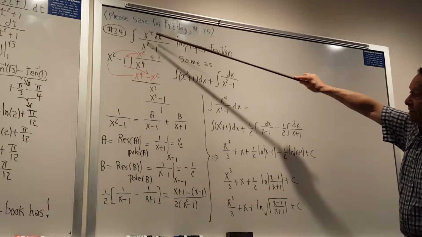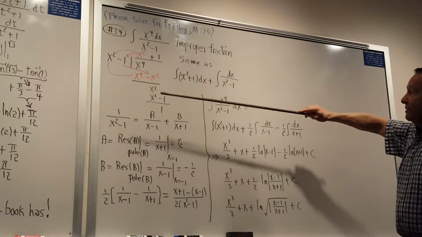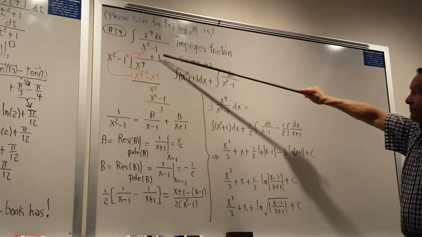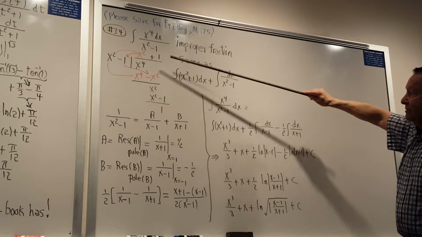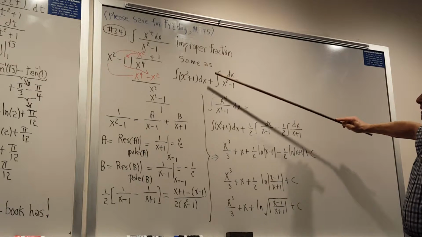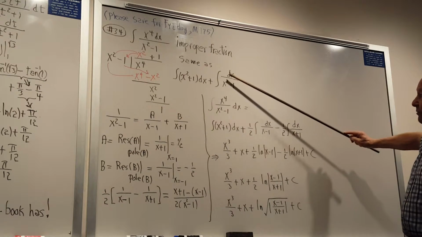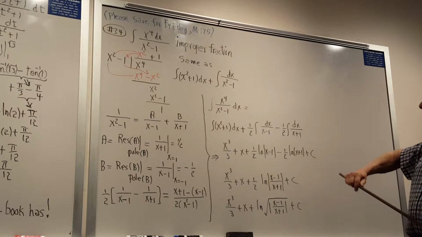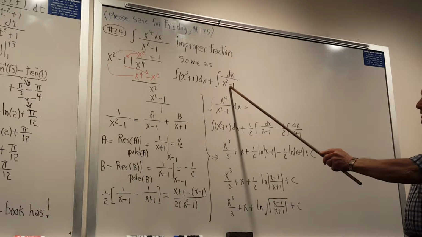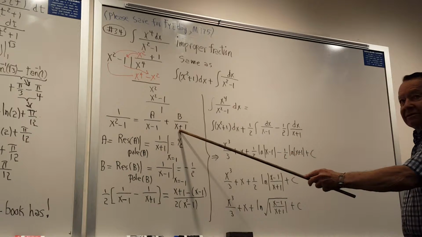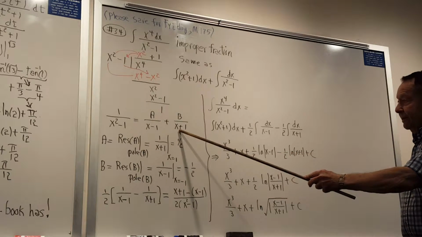So your original fraction is the quotient, x squared plus 1, and then the remaining fraction is 1 over x squared minus 1. So then you do this in partial fractions. It's very much like problem 1.